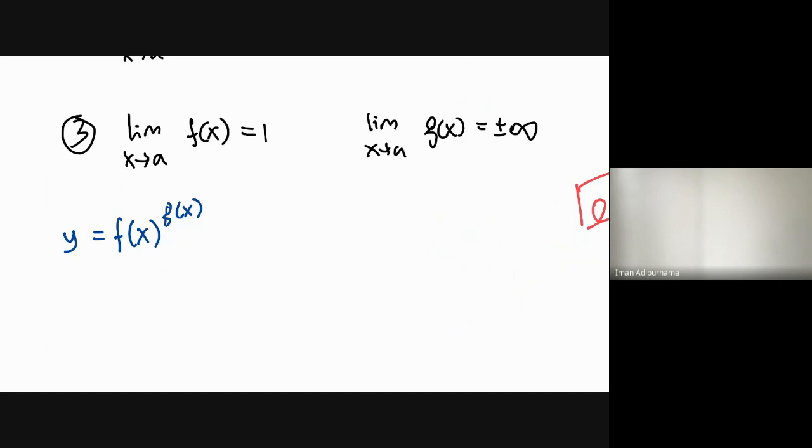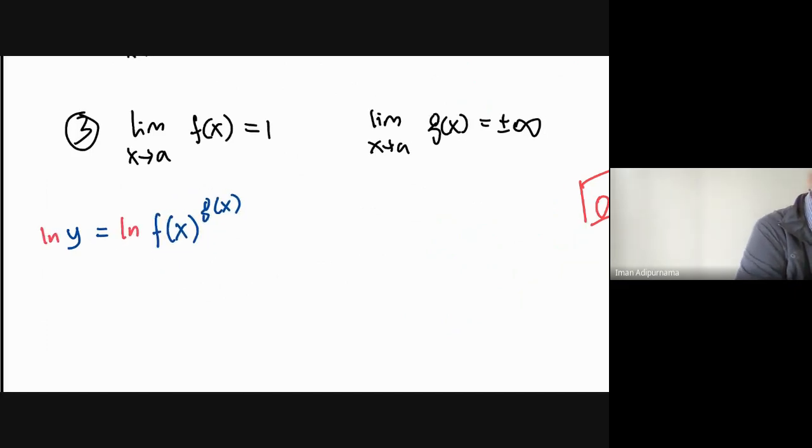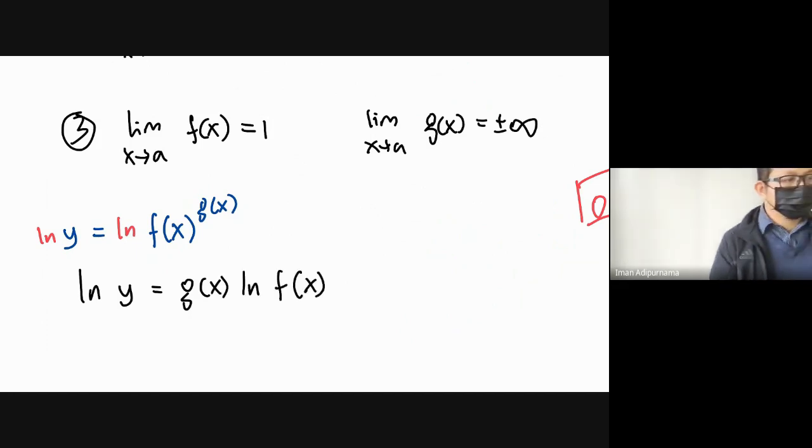So let's take the ln. So we will have ln y is g of x times ln f of x. And then we can put in the limit.